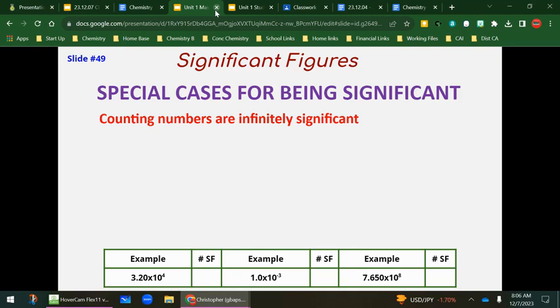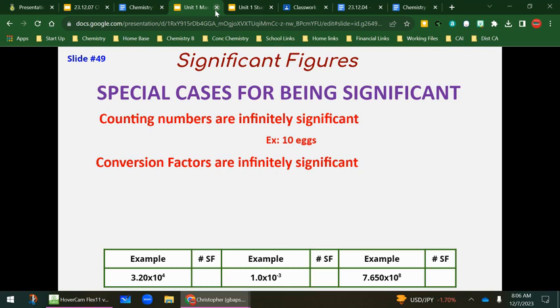Second thing, when we have something like a conversion factor, 1 meter equals 100 centimeters. Well, 1 meter has how many sig figs in it? 1. 100 centimeters has 1 sig fig in it. That would limit our number of sig figs from that point forward.